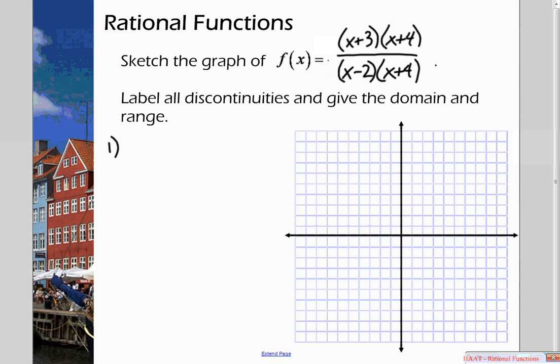So what ends up happening here is that I've got f of x is equal to x plus 3 times x plus 4, over x minus 2 times x plus 4. So which one is the removable discontinuity, and which one is your vertical asymptote?